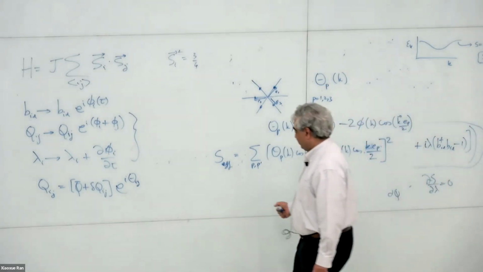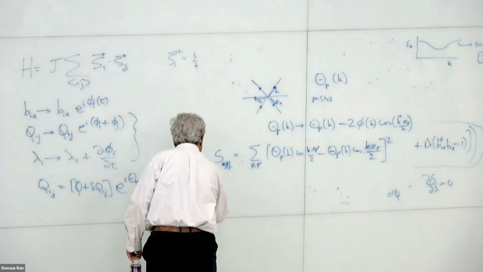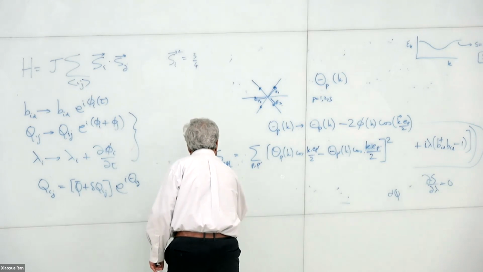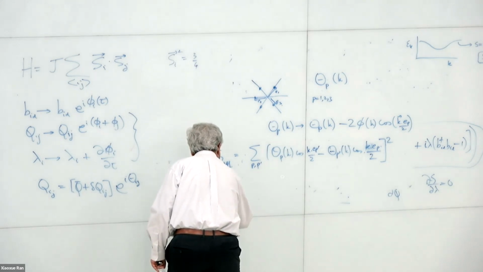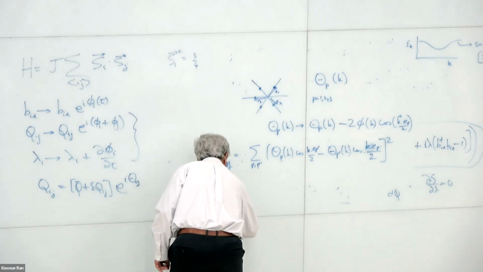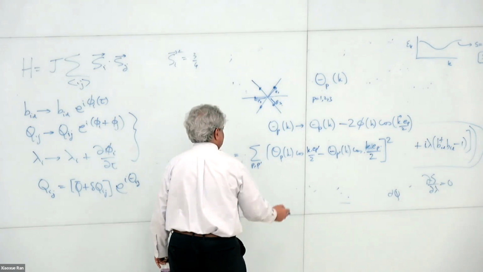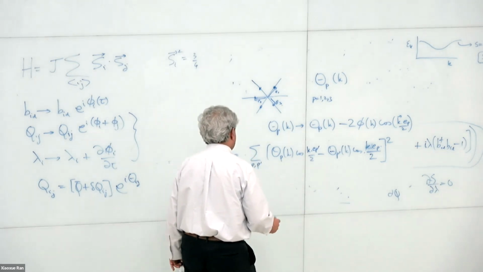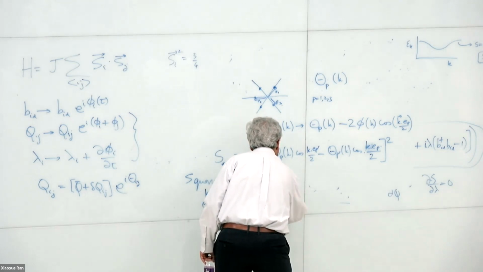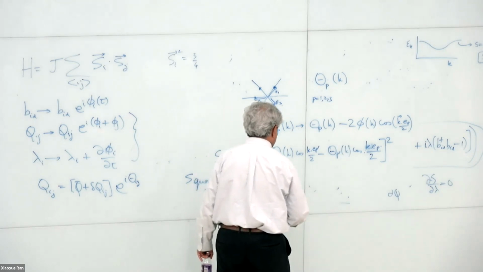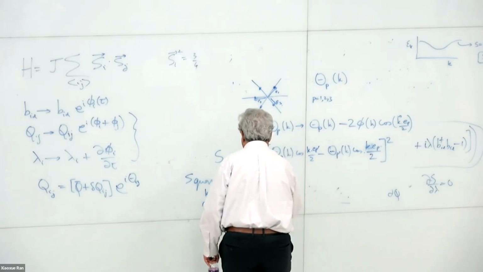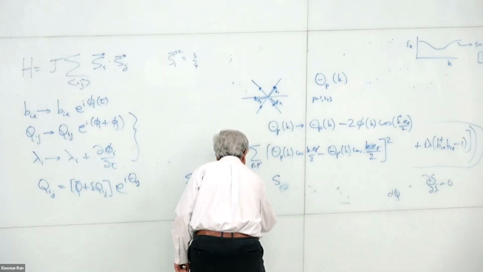So on the square lattice, if I choose K equals (pi, pi), and E1 is (1, 0) and E2 is (0, 1), then this vanishes. So K equals (pi, pi) plus some small q.